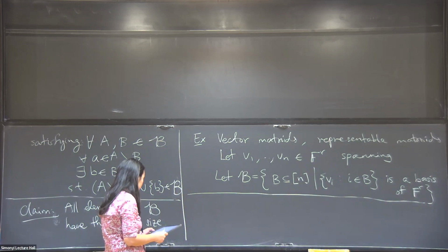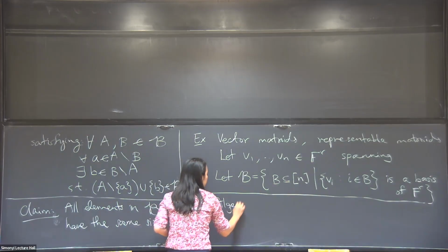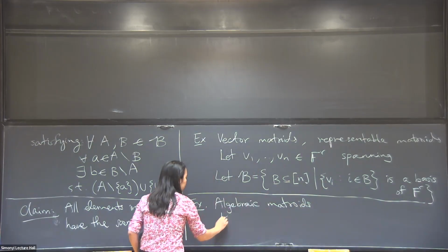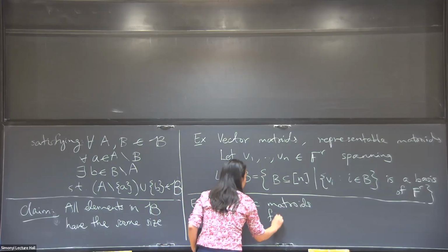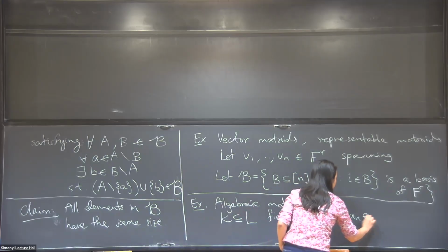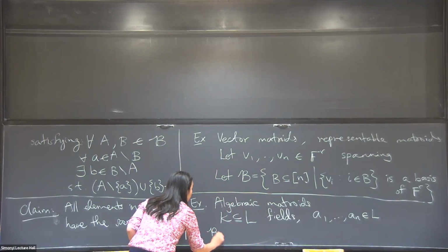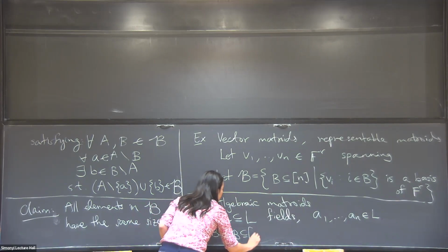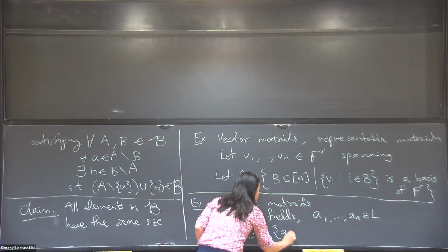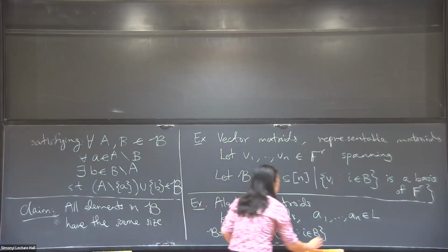Another related thing to the vector matroid is the algebraic matroid. For the algebraic matroid, you take two fields, K and L. Then I can take some elements, let's say a1 through an in L. And I will say that B is all the subsets of n, such that the a_i indexed by I in B are algebraically independent over K.